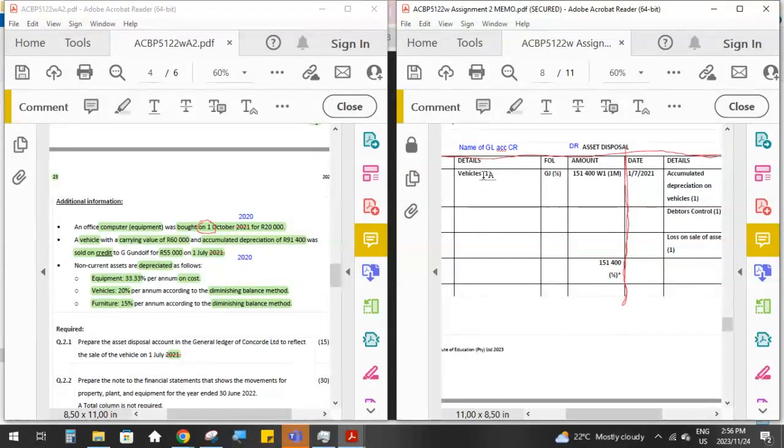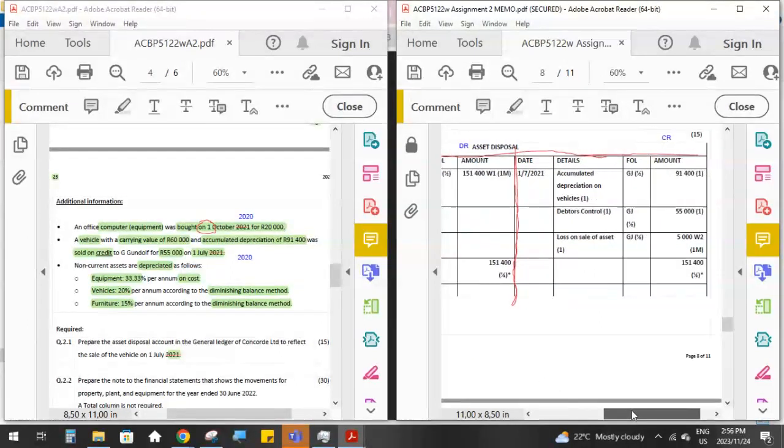So when I look over here, I can see I debited asset disposal and I credited vehicles. This is what we call the cross-reference. Instead of just putting this debit in asset disposal, I'm giving myself some extra information. When you look at the asset disposal account, you can say, oh, I debited asset disposal with 151,400. I wonder which account I credited. Now you can see straight away it was vehicles, without having to go and look up the general journal and waste a lot of time.